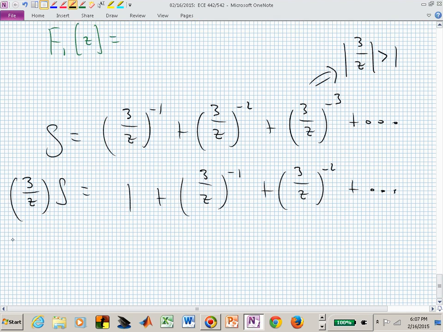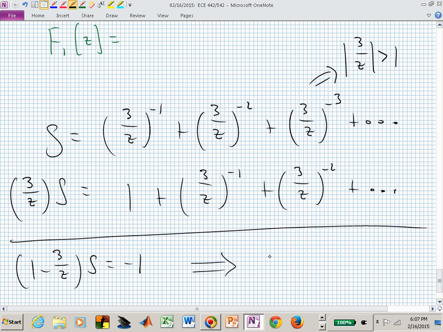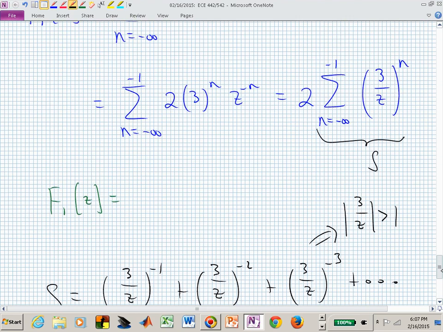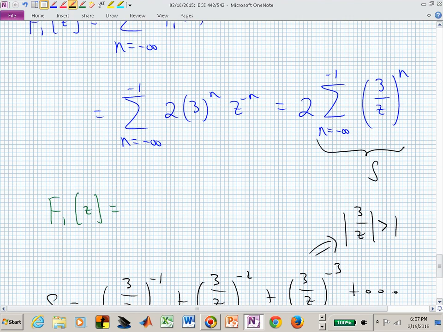And from this, we can subtract the bottom from the top, and we have 1 minus 3 over Z times S is minus 1, which allows us to say that S is minus 1 over 1 minus 3 over Z, or we now have minus Z over Z minus 3. And that was scaled by 2, so that now we have 2 times minus Z over Z minus 3.